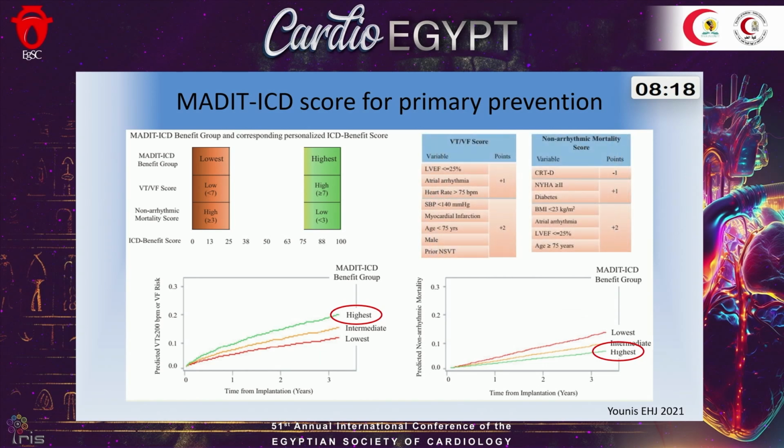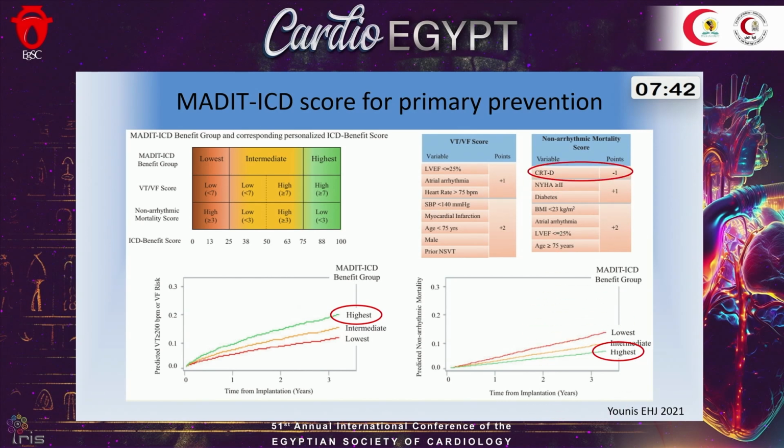The score needs a little bit of calculation. On the left side, we can calculate the VT and VF risk. On the right side, the non-arrhythmic mortality score. Difficult will be the question when these patients are in the middle range, with low VT score and low non-arrhythmic mortality score, or high on both sides, because then we have practically parallel higher or lower risk for mortality.